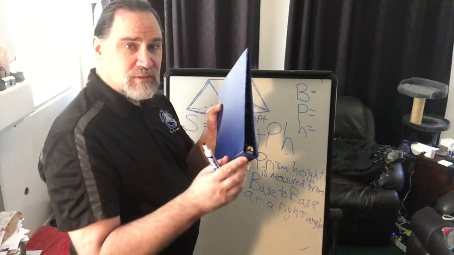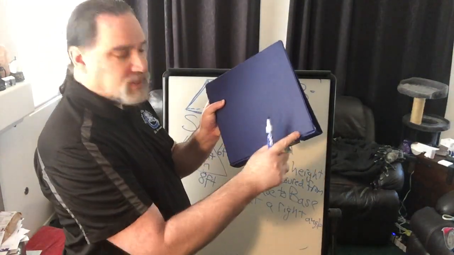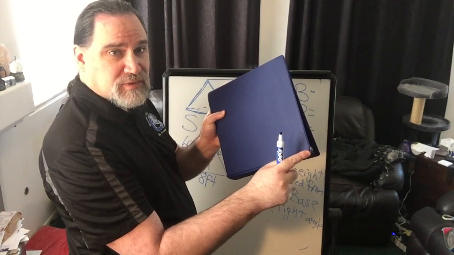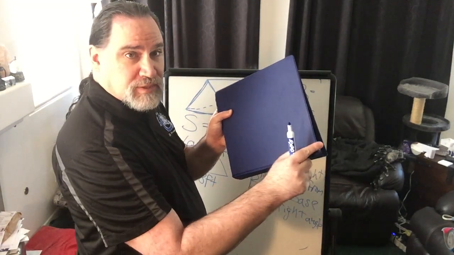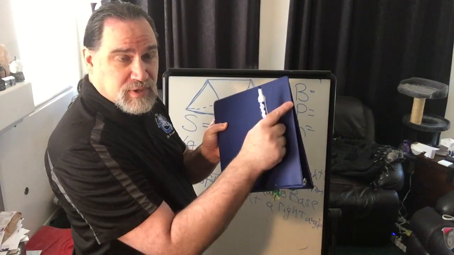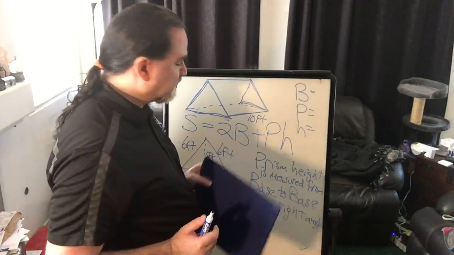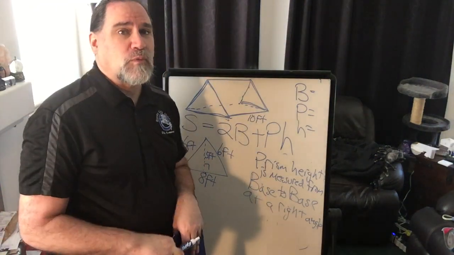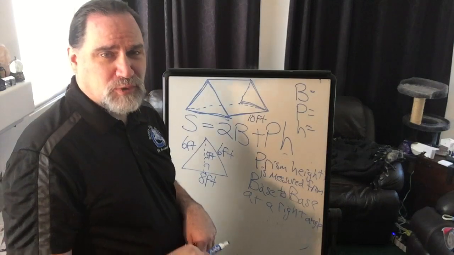And if you go back and look, when it hits, this is a 90-degree angle. You can see that because this is the height of the prism hitting the base of the prism right there, a nice 90-degree angle. And that comes into play when we talk about something called an oblique prism, which I'll draw for you in just a moment.